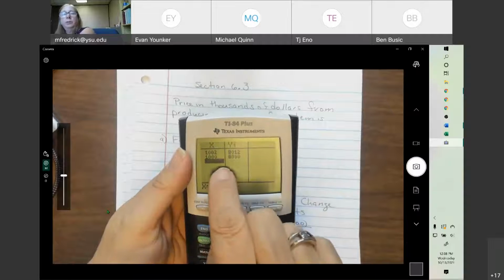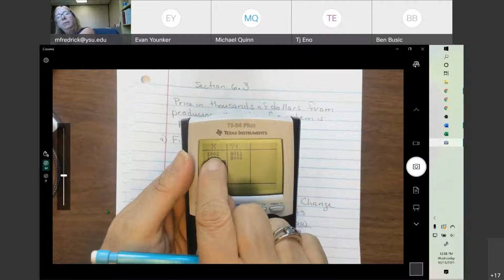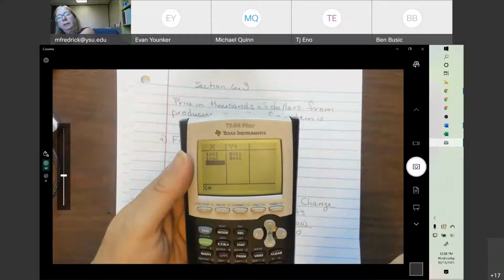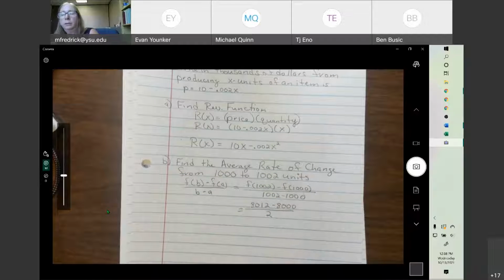So if you just wanted to use your slope, 8,012 minus 8,000 over 1,002 minus 1,000. Just your slope.